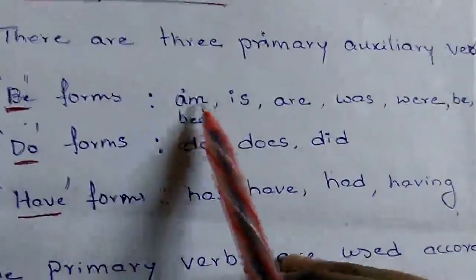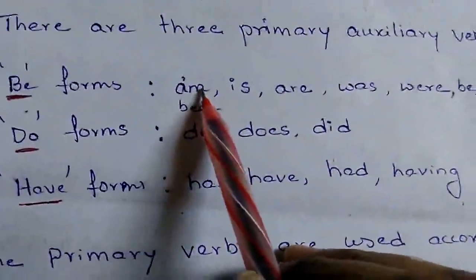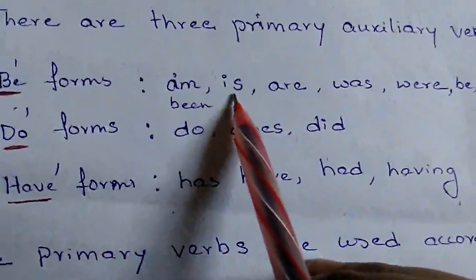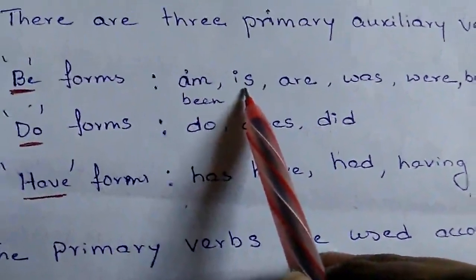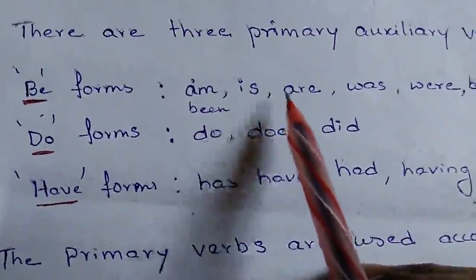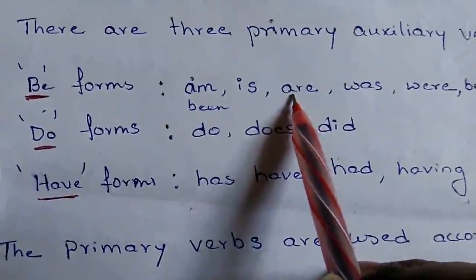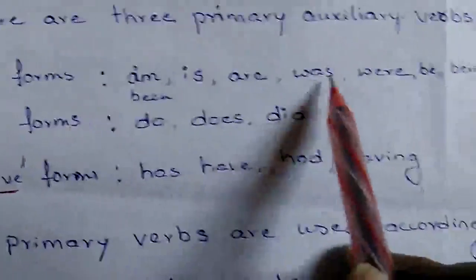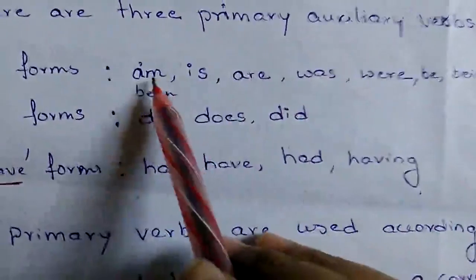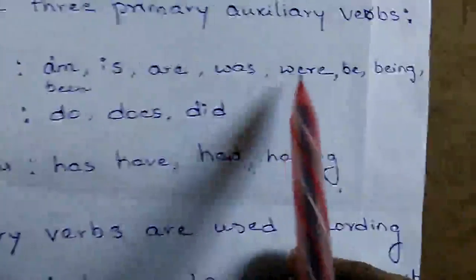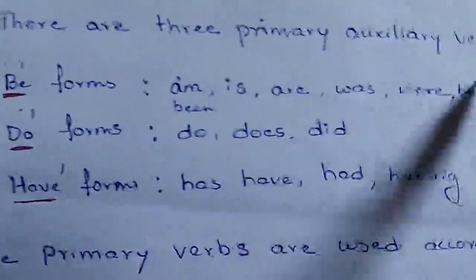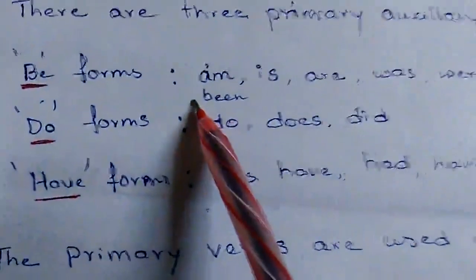Usually am is used with I. Is is used with he, she, it. Are is used with we, you. Was and were are the past forms of is and are. Be, being, been, all these forms of verbs are called be forms.